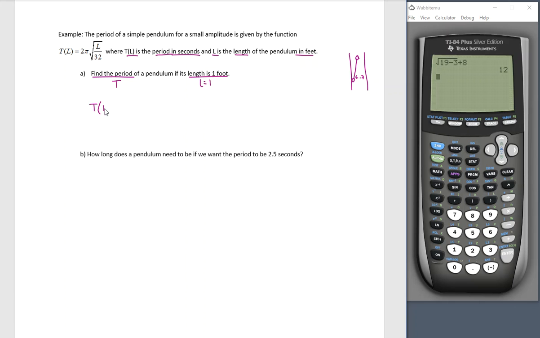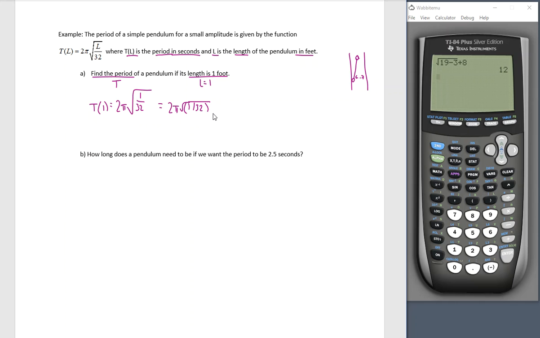That's t of 1 equals 2 pi square root of 1 over 32. And how am I going to solve this? I'm going to use my calculator. This is what it'll look like on my calculator.